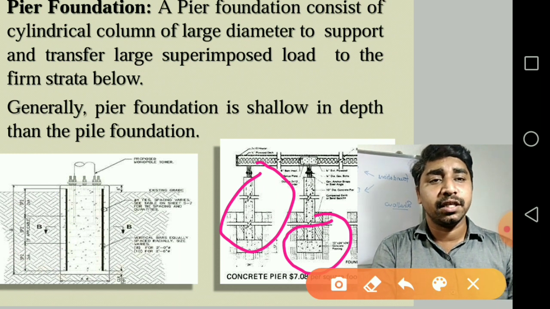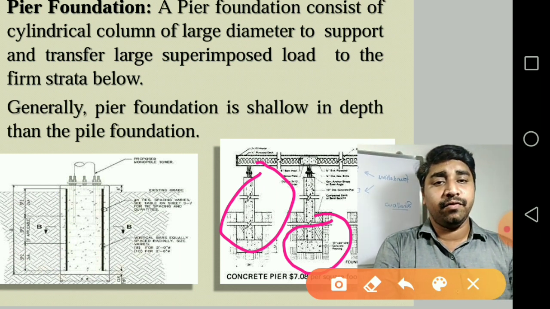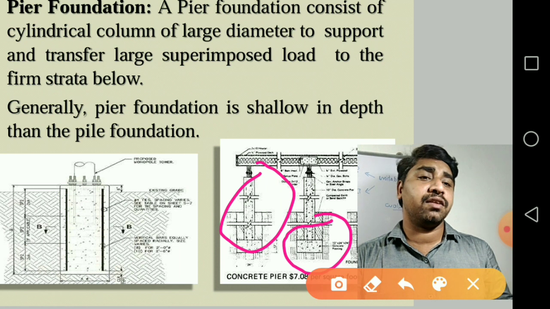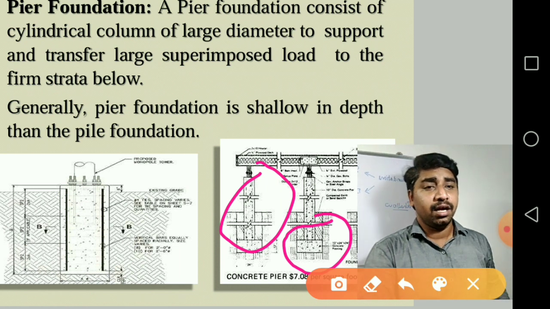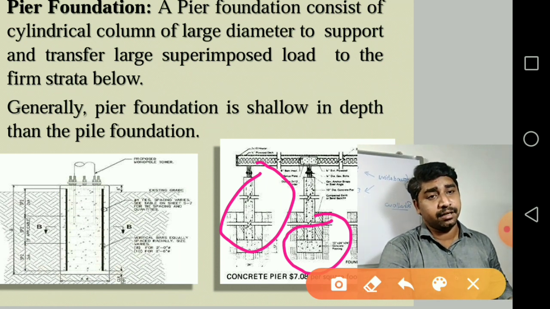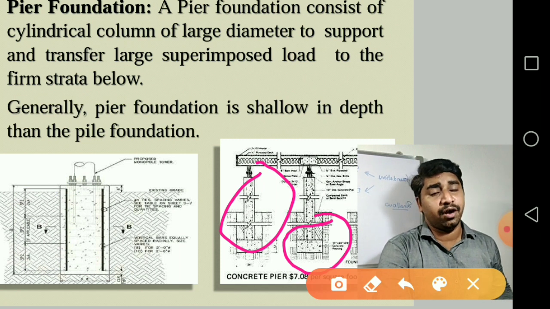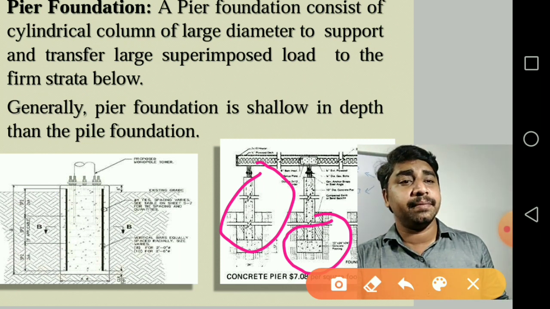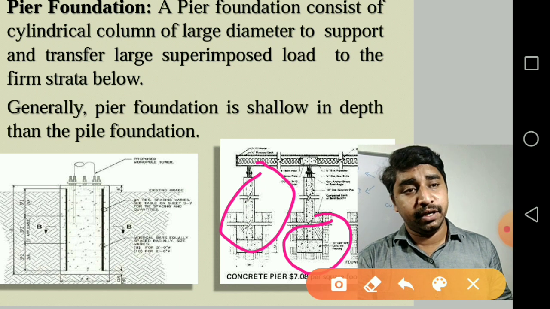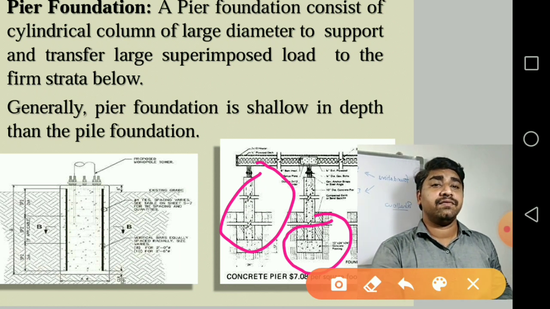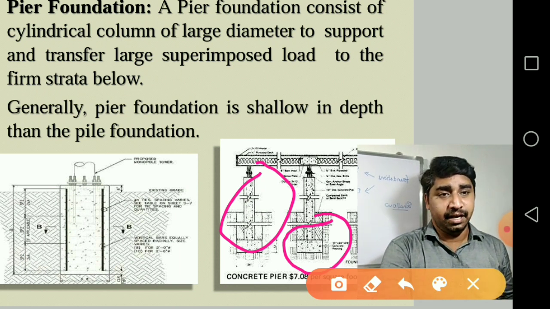Pier foundation is shallower in depth than pile foundation. Means the depth of pier foundation will be less when compared to the piles. Piles will be done for a greater depth, 40 meters, 50 meters, 100 meters depth will be going for pile foundation, whereas the depth of these pier foundations will be very less.